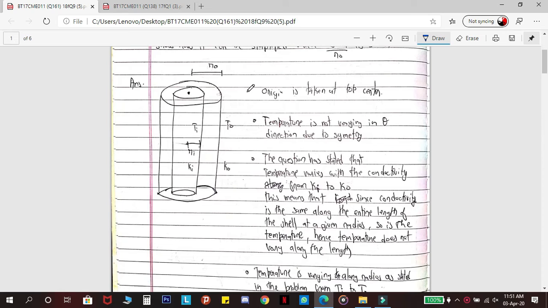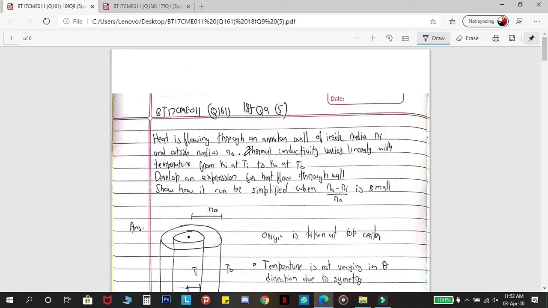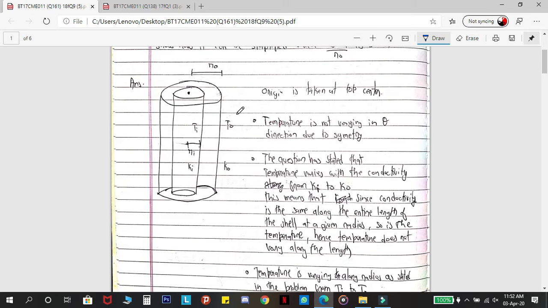First, the assumptions. I'm selecting my origin at the center over here. Temperature is not varying in the theta direction because this is symmetric. And it is stated that conductivity is varying from Ki at Ti to K0 at T0, these being the inside and outside radii.